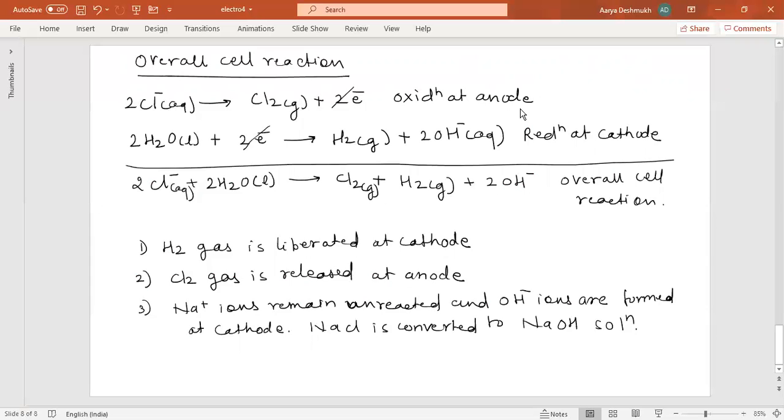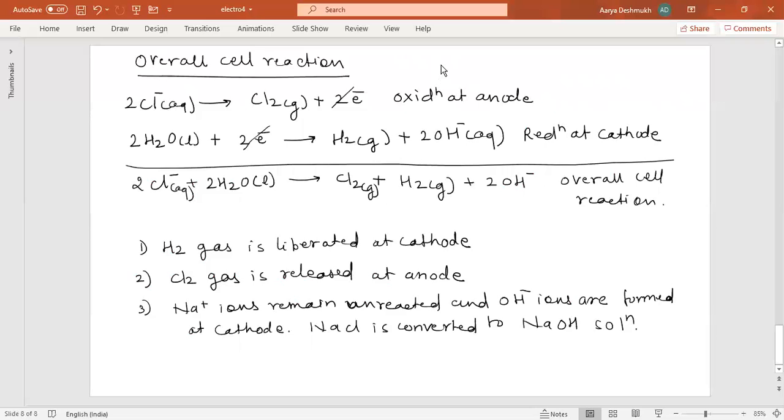Always remember oxidation at anode and reduction at cathode. Second reaction, the reduction of water molecule, due to the high reduction potential value. So we'll have to consider this reaction with gain of electrons, and there is a liberation of hydrogen gas, and 2 OH minus ions are also formed here. So this is happening at the cathode.